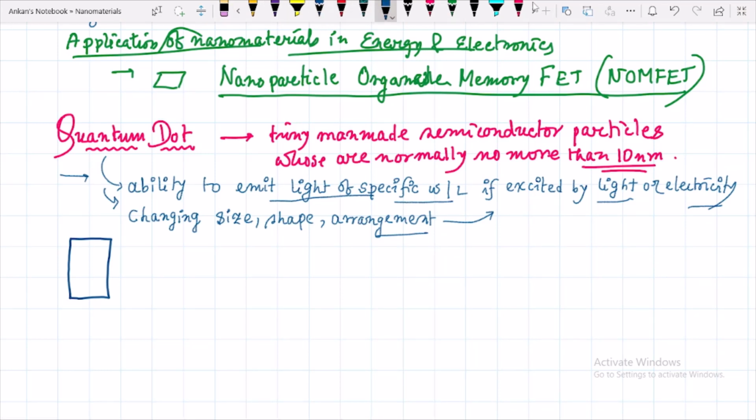This is the band structure of a bulk material, where this is the valence band, this is the conduction band, and this is the band gap.